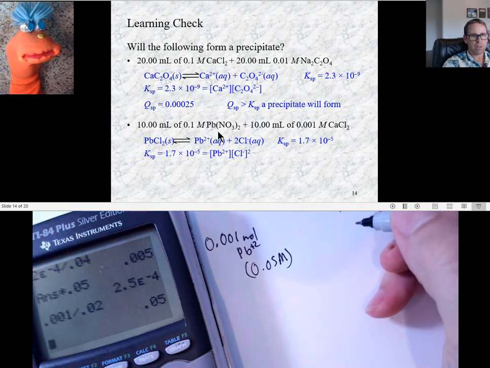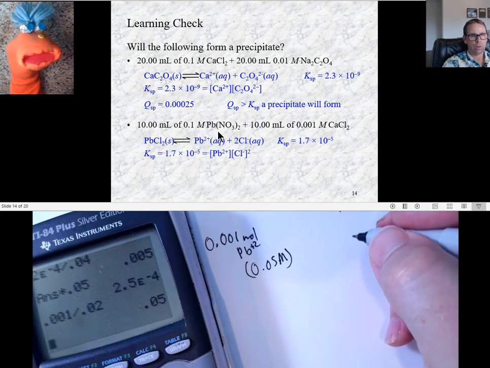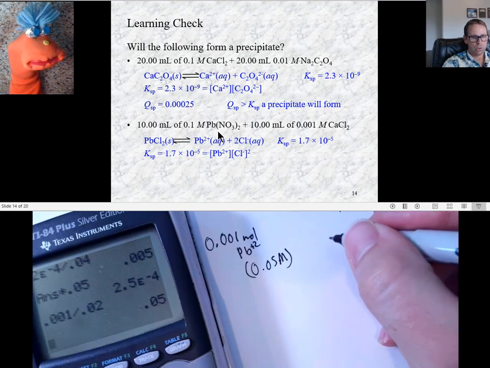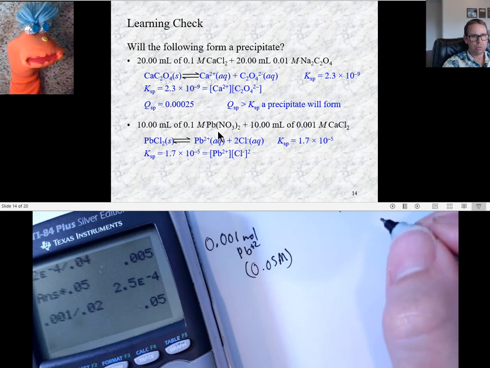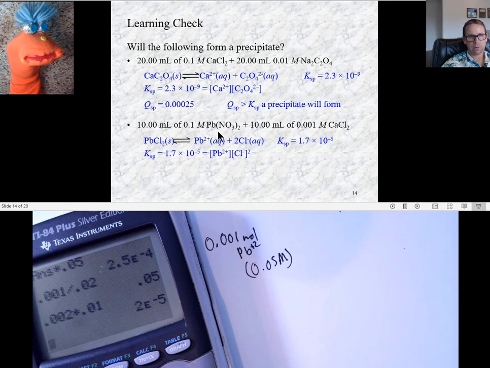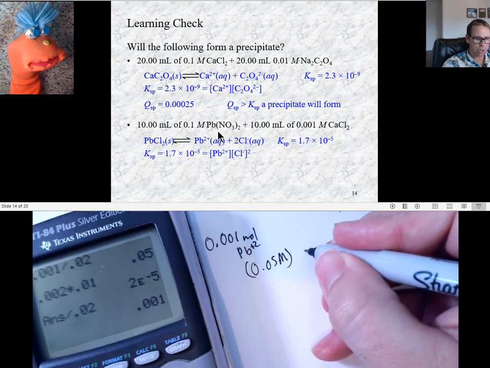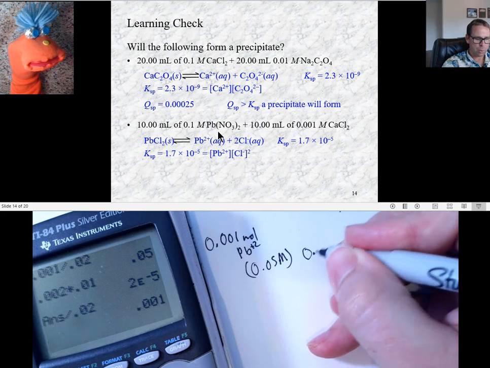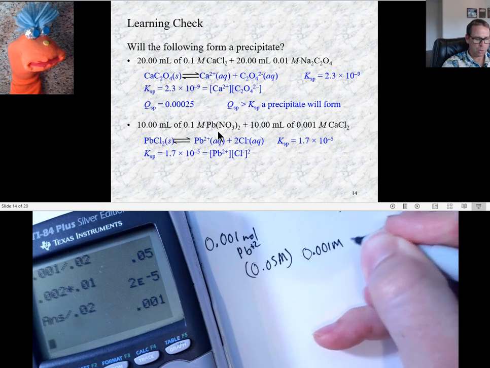All right, how about the chloride ion? Chloride ion concentration was 0.002 times 0.01. Very good, which ends up being 2 times 10 to the minus 5. And then I could divide that by my 0.02 to get the concentration. So that means the molar concentration of chloride ion is 0.001 molar.